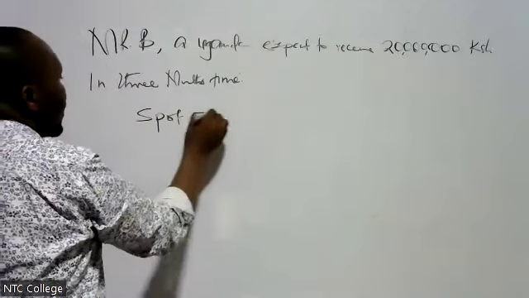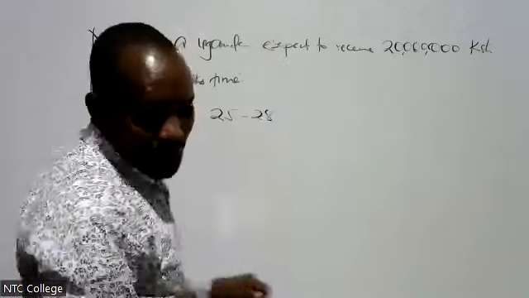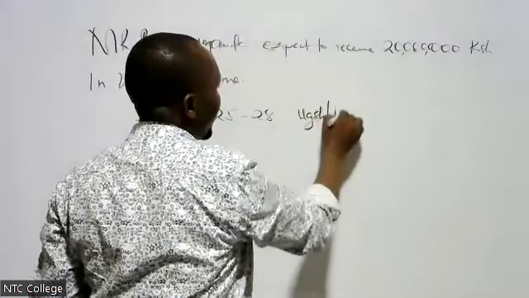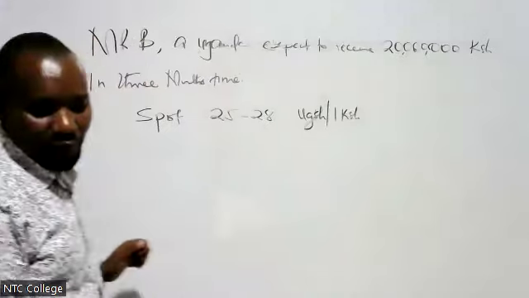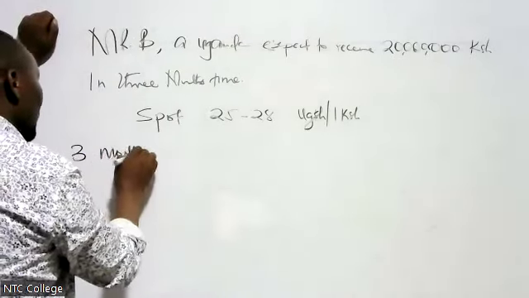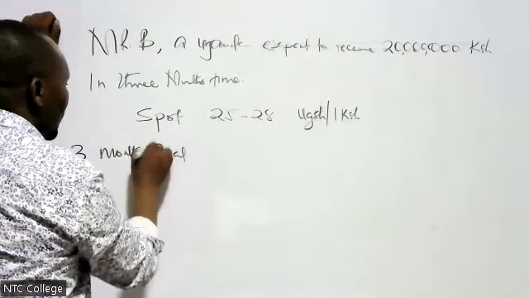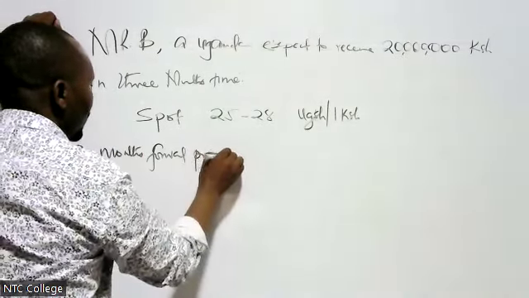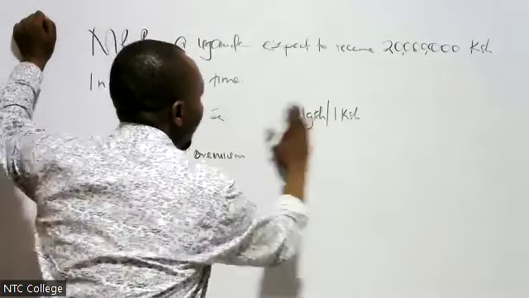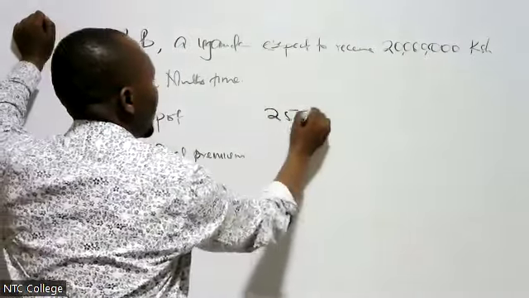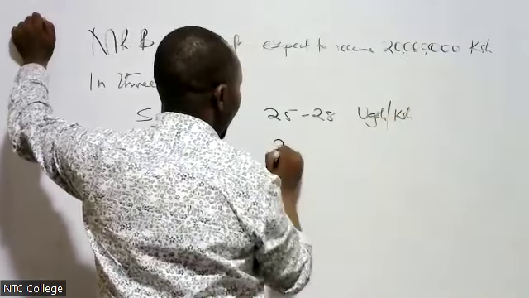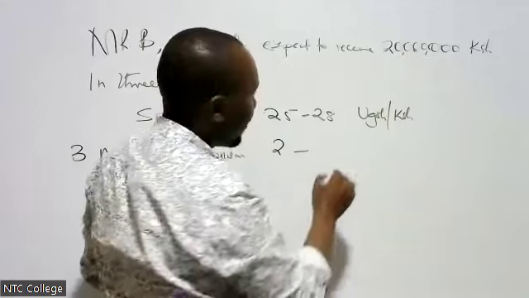Spot rate is given as 25 to 28, 25 to 28 Ugandan shillings against 1 Kenya shilling. 3 months forward premium is given as 2, 3.